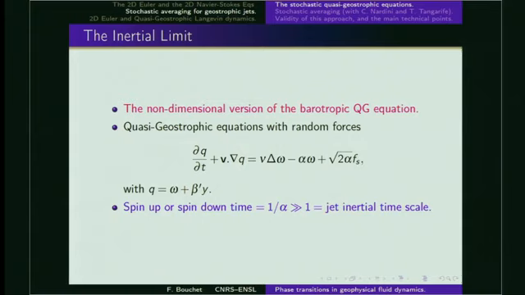Here I have written the same equation but non-dimensionalized, and when I non-dimensionalize the equation, I see that I have only three parameters left: nu, which will be something like a Reynolds number, alpha, which will be something like a Reynolds number based on the large-scale friction, and beta prime, which is a renormalization of my beta. This number nu will be unimportant. It's related to small-scale processes, which is not what I am really interested in. And alpha, here I will choose to study the limit when alpha is very small.